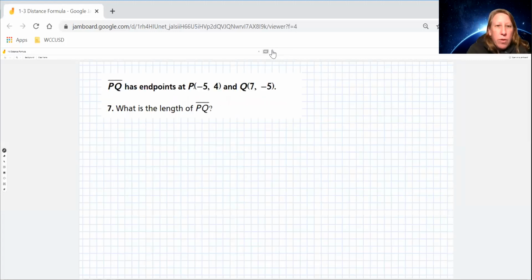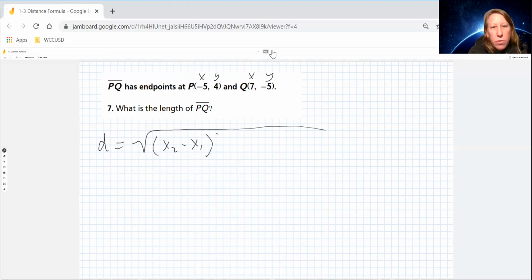All right, let's try another one. We want to find the length of line segment PQ again. Now we don't have the picture, we just have the numbers. So we're going to very carefully put our x and our y in. This is x sub 2 minus x sub 1 squared. This is y sub 2 minus y sub 1 squared. The change in the x's squared plus the change in the y's squared.